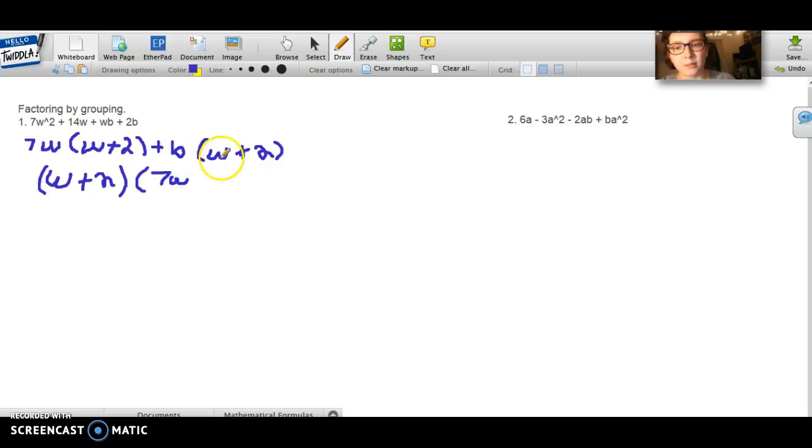And b times w plus 2 divided by w plus 2 is going to leave us with b. So plus b. So the factored form of 7w squared plus 14w plus wb plus 2b is w plus 2 times 7w plus b. So there we go. That's the factored form of this one.